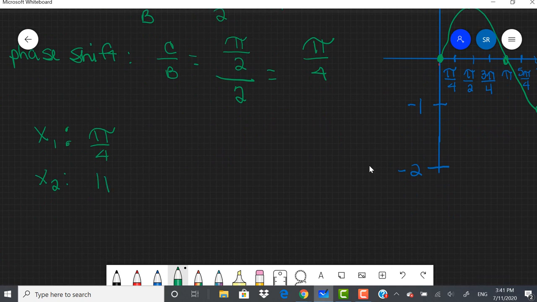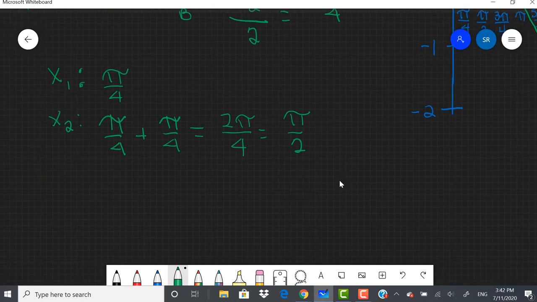So my next point is just going to be pi over 4 plus pi over 4. So I'm going to add pi over 4 for each point so that you end up with a distance from pi over 4 of pi. So pi over 4 plus pi over 4 is 2 pi over 4, or just pi over 2. But since we're adding fractions here, for my third point I'm going to leave it in the format over 4 so I don't have to keep changing pi over 2.